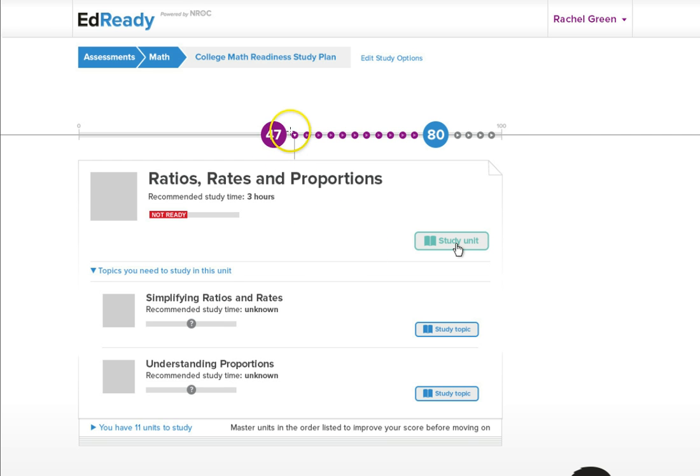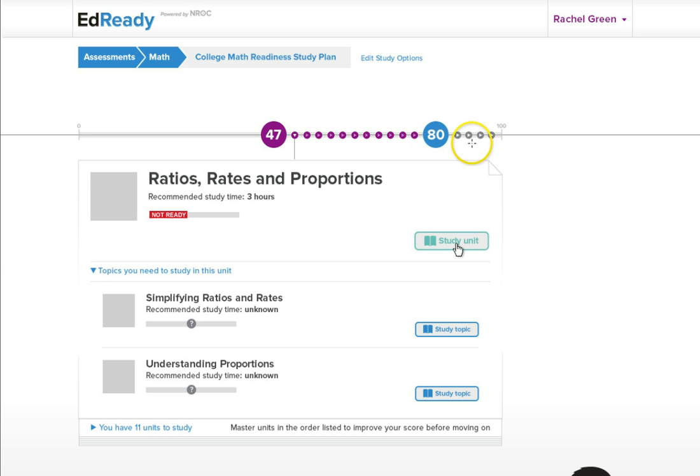So what you see is her score, 47, the target score she chose of 80, and lined up between the two like stepping stones are all the units which she needs to better master to raise that 47 to an 80. Notice there are some units here that we know she has not yet mastered, but that she probably doesn't have to master, because by mastering these units in purple, she can actually get that score to an 80 without ever having to have fully mastered everything in the curriculum.